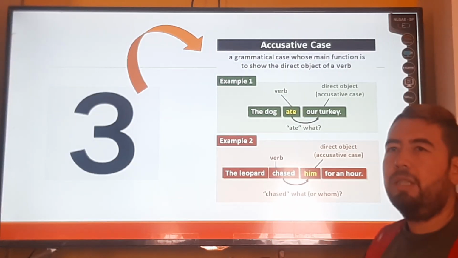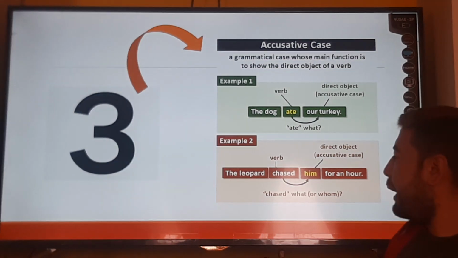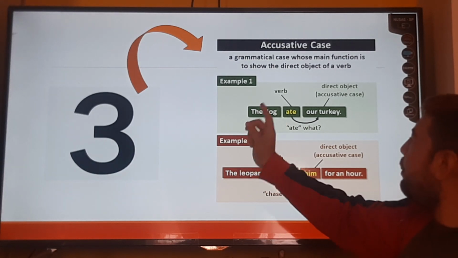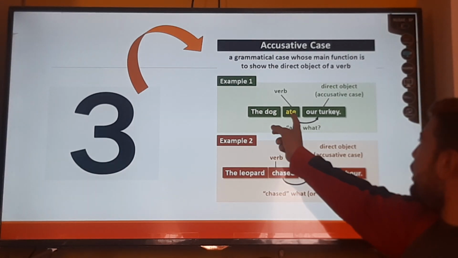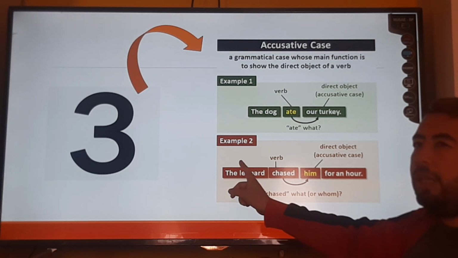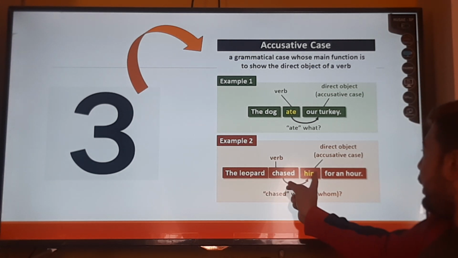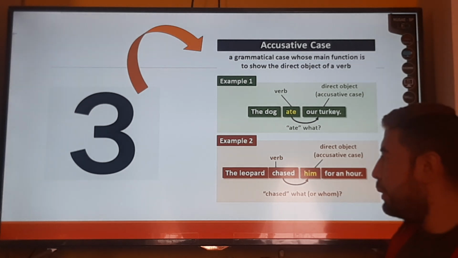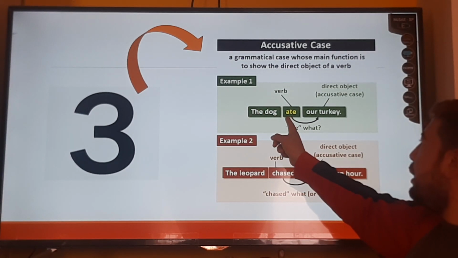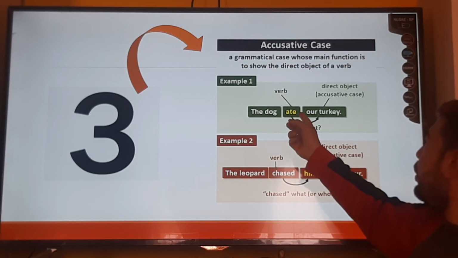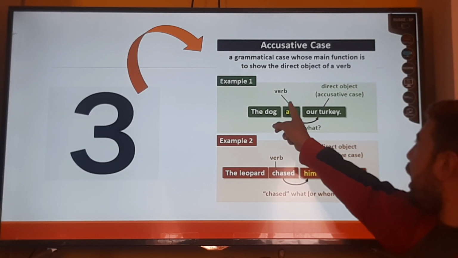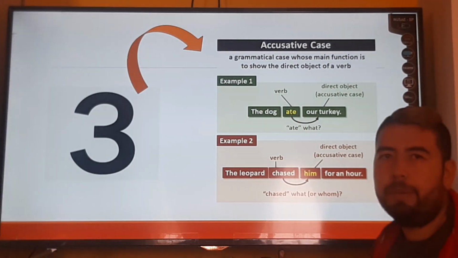The third is the accusative case. In this picture, you can find two examples. The dog ate our turkey. The second example is: the leopard chased him for an hour. The dog is a subject, ate is a verb, and turkey is a complement that received the action described by the verb.